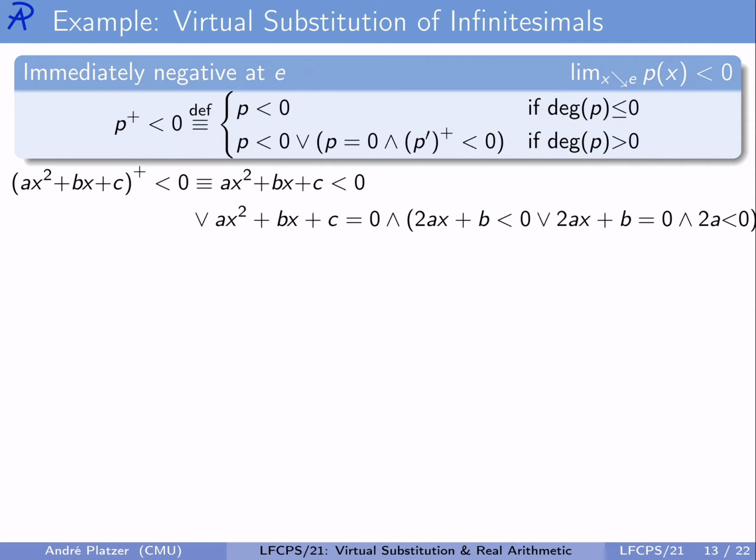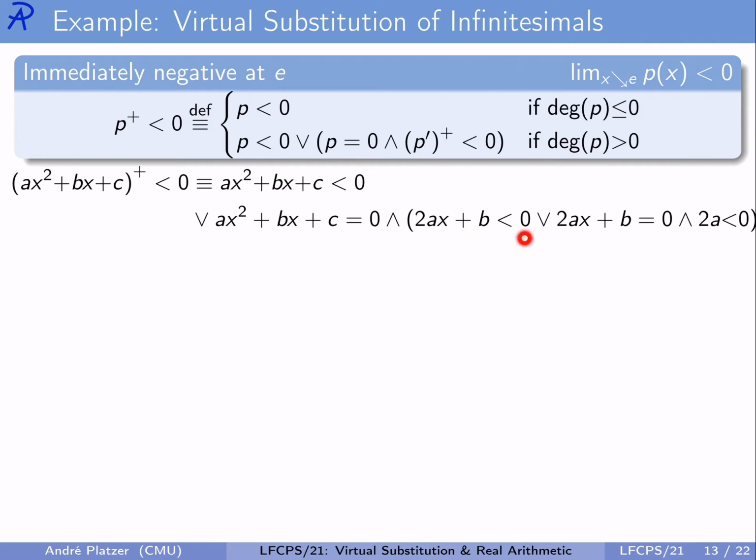For example, if we ask, is ax squared plus bx plus c immediately negative? Then it is immediately negative exactly by this definition if it's presently negative here, or it's presently 0 but the trend is negative, and the trend is the derivative of this. So ax squared plus bx plus c has derivative 2ax plus b, and if that's negative, again, we recurse into this.